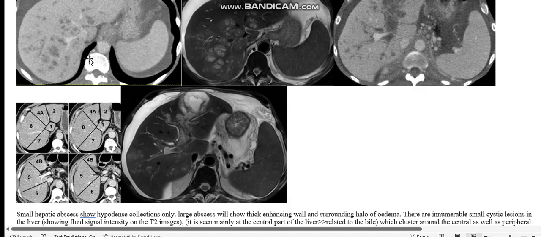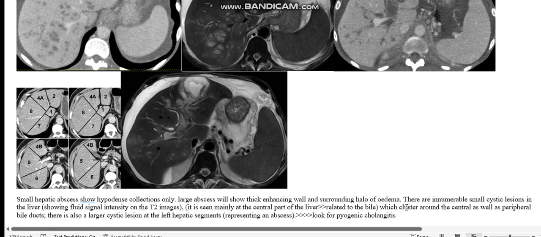Okay, so these lesions are related to the biliary system, clustering around the central as well as the peripheral bile ducts. These lesions are clustering around the biliary ducts.